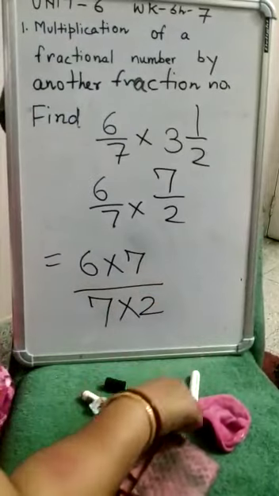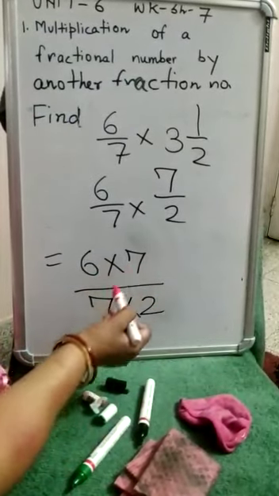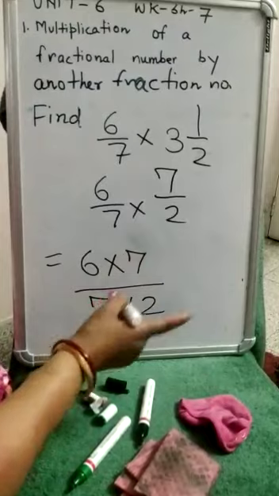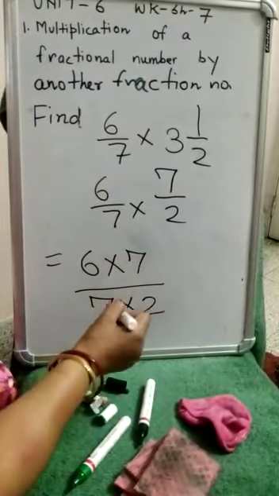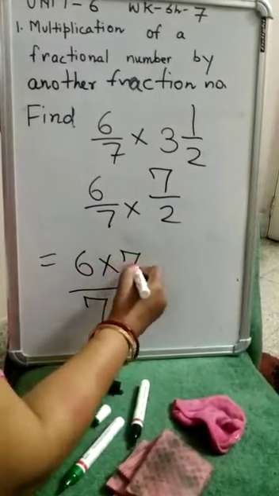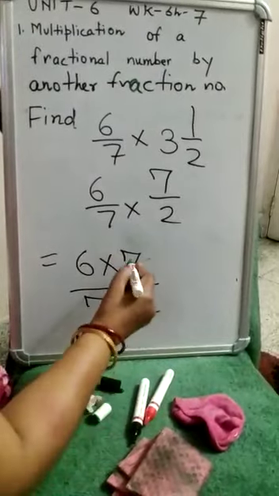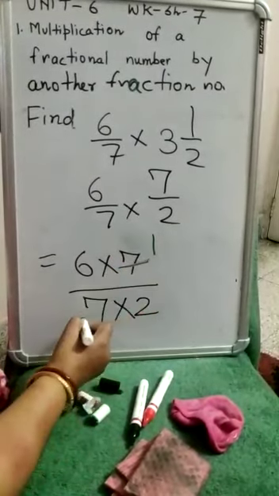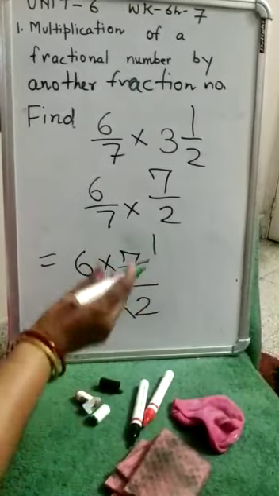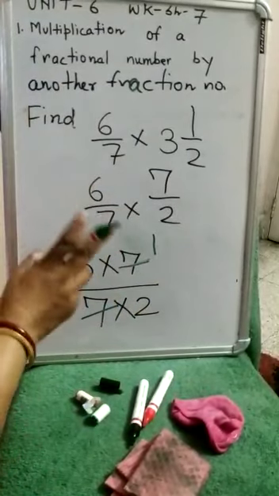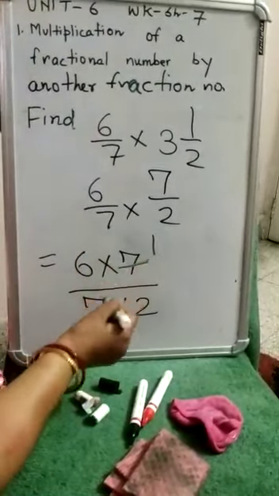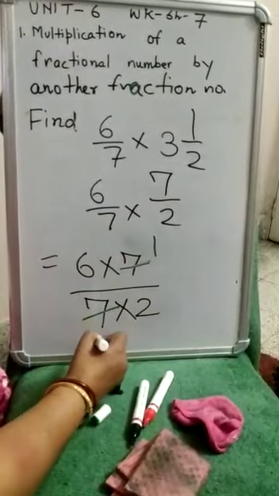Now here children, all of you see this 7 by 7. 7 and 7 have the common factor 7, so we have to reduce it into the lowest term. So 7 will be divided by 7, then it will give 1, and 7 will be also divided. Numerator and denominator will have to divide with the same common factor. So here 7 and 7 both will be divided by 7, so it gives 1.